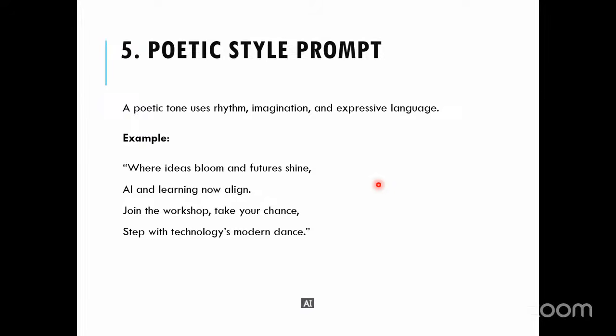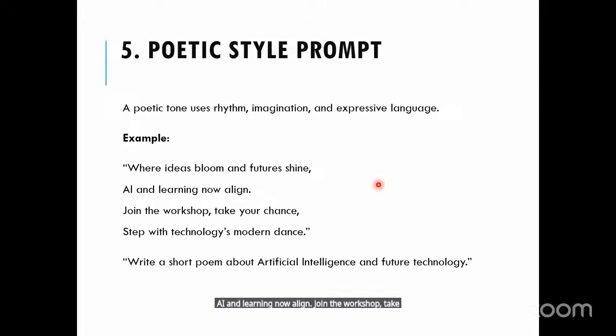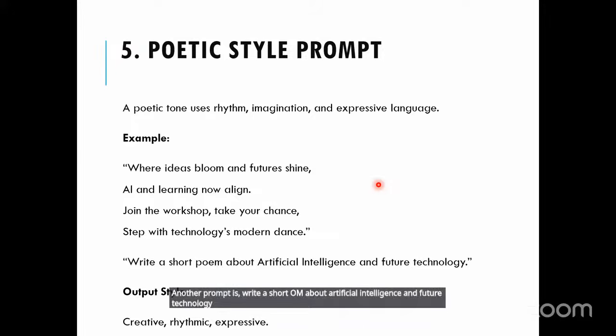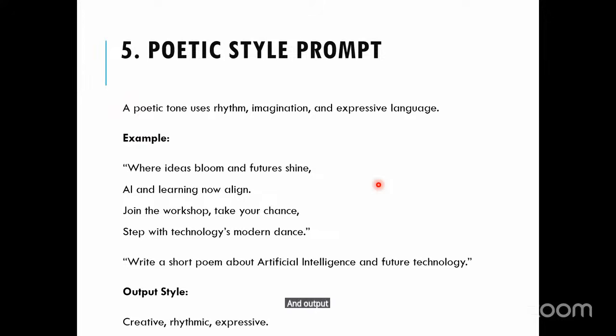Join the workshop, take a chance, step with technology, modern dance. So this is one prompt, and here another prompt is: write a short poem about artificial intelligence and future technology. And the output style of poetic prompt will be creative, rhythmic, and expressive. So try for this prompt.